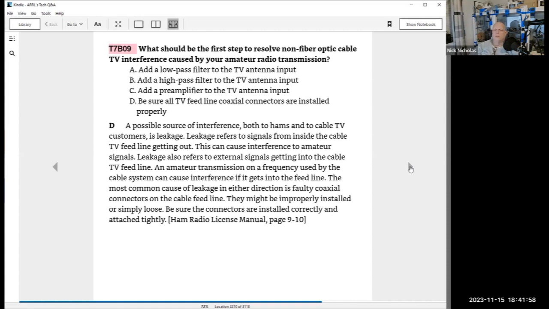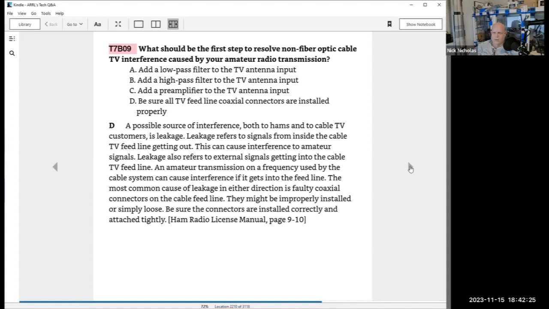What should be the first step to resolve non-fiber optic cable TV interference caused by your amateur radio station? And D, be sure all TV feed lines or feed line coaxial cables are connected and installed properly.